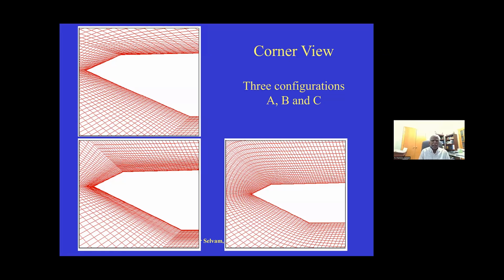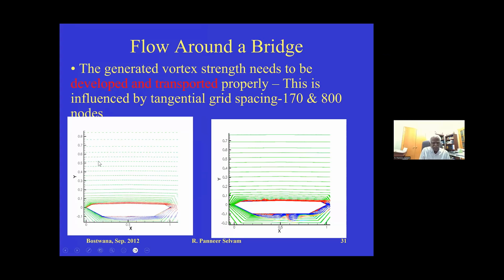Here, what you are looking at are different grids. Even though I used, in the normal direction, 1,000th of the bridge width, you can see the velocity vectors, how small they are, which can produce the boundary layer reasonably. But still, in this one, if I remember, 170 grid points, this is how the flow structure is.